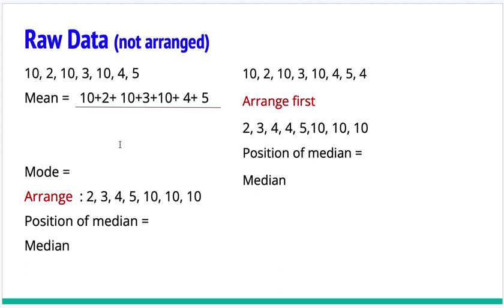There are 7 numbers, so we add all the numbers to give us the total score divided by 7, and this gives us 6.29. The mode, being the most common number, in this case is 10.